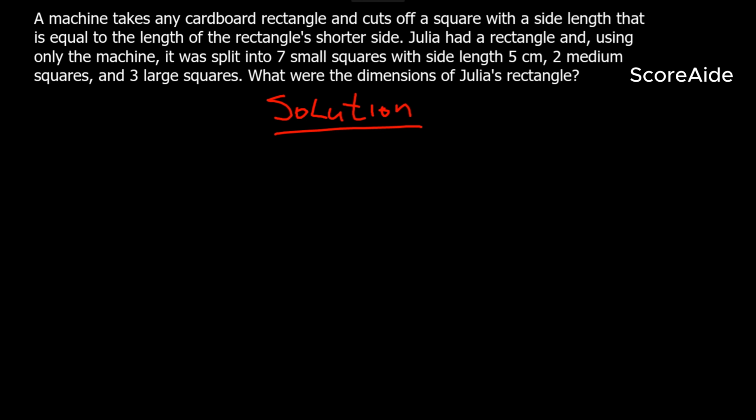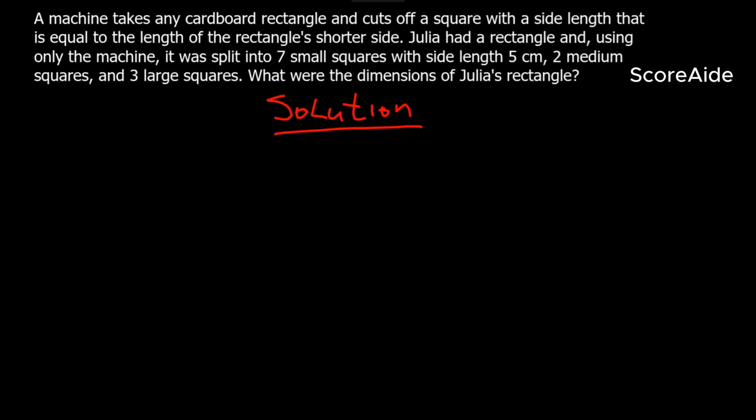They're saying that a machine takes any cardboard rectangle and cuts off a square with a side length that is equal to the length of the rectangle's shorter side.